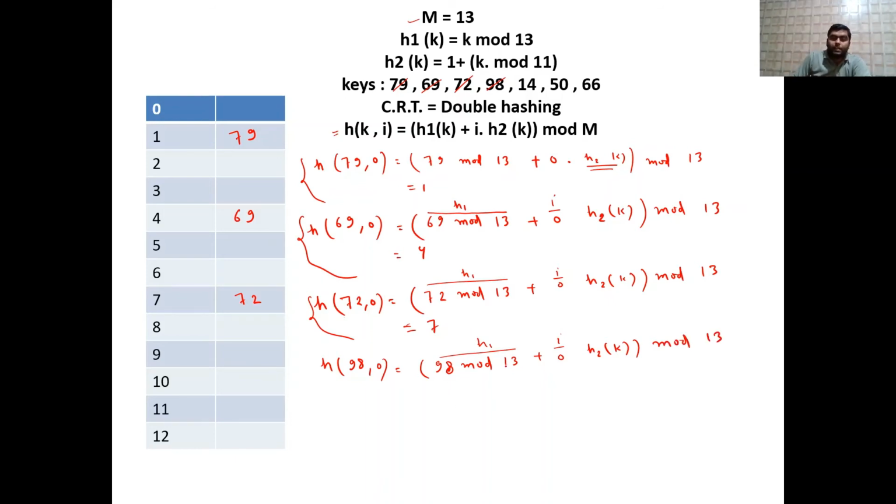So 98 mod 13. So 13 sevens are 91, remaining is 7. So 7 plus 0 is 7. 7 mod 13 is going to be 7. So this will result in 7.